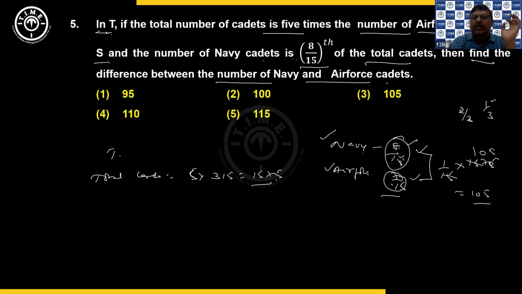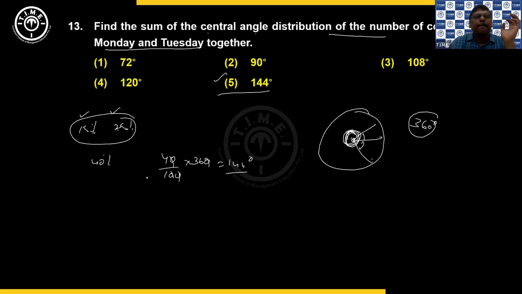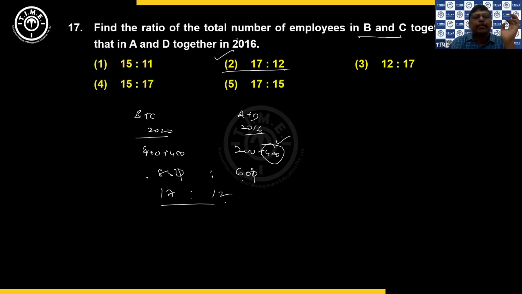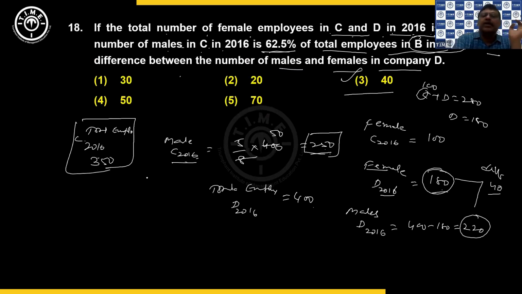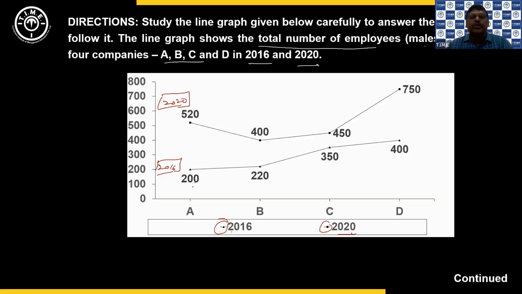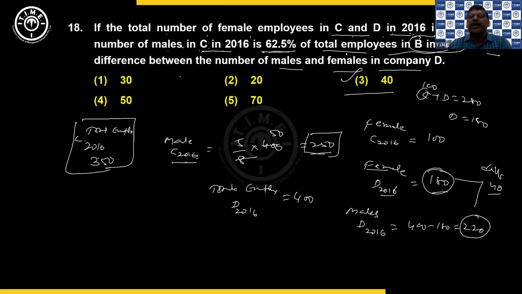Now you're asking me about 18 and 20. See, in 18, the total number of female employees in C and D is given as 280. And male employees of C is, we know this data is about total employees. So he talks about male and female.